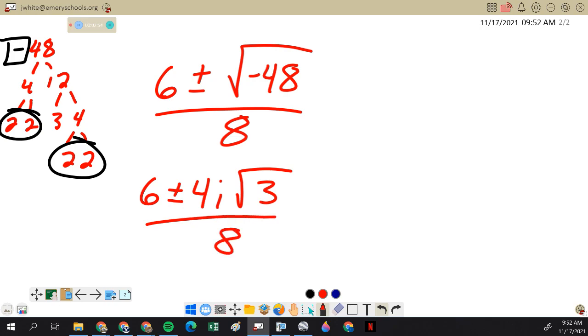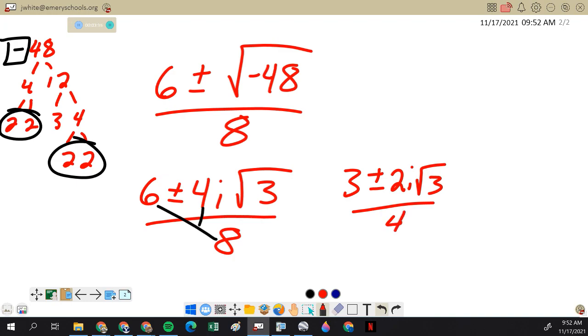Does everybody understand that? So it's just one step more than we have dealt with in the past. Can I simplify anything? All of those share a 2. So 3 plus or minus 2i root 3 over 4.